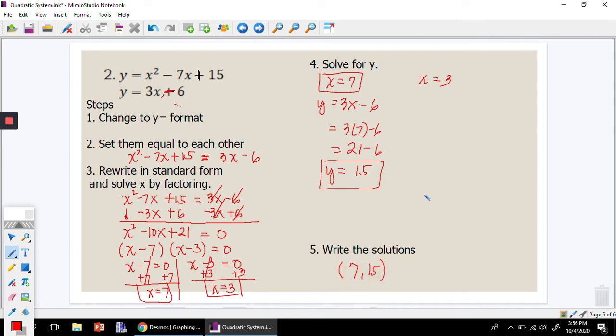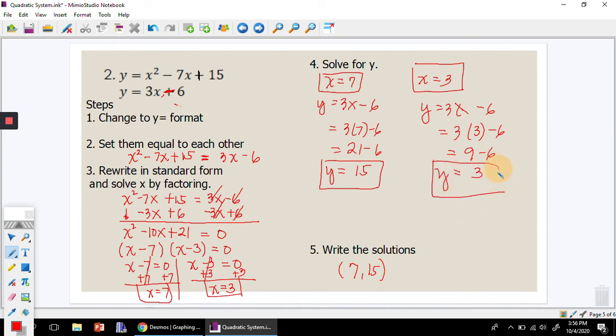If your x is 3, y is equal to 3x minus 6. So 3 times 3 minus 6, this is 9 minus 6, which is equal to 3. So another solution will be 3, 3. Alright? Okay, so we have now these solutions by solving.